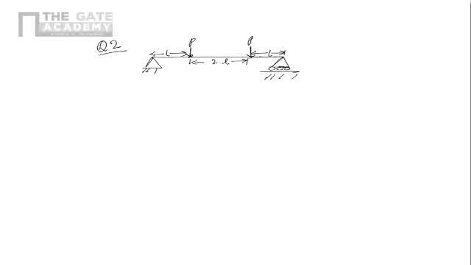This is a very easy problem actually, if we just apply the principle. Let's say I name the sections as A, B, C and D. So for AB and CD, we know that U for either of them is equal to the integration from 0 to L, because the span is of length L, of P square x square dx upon EI.